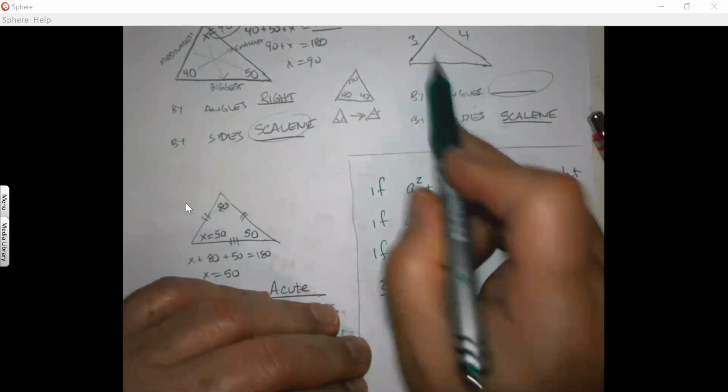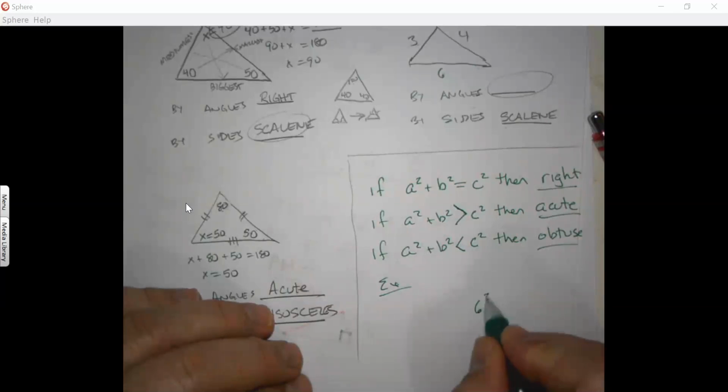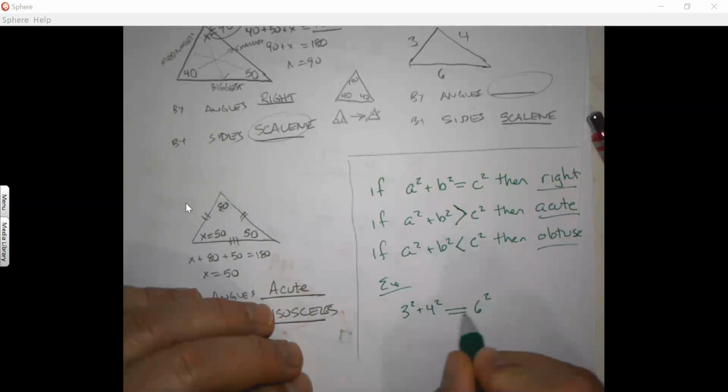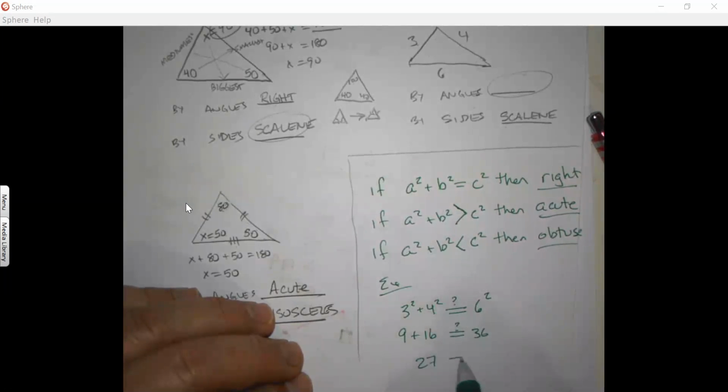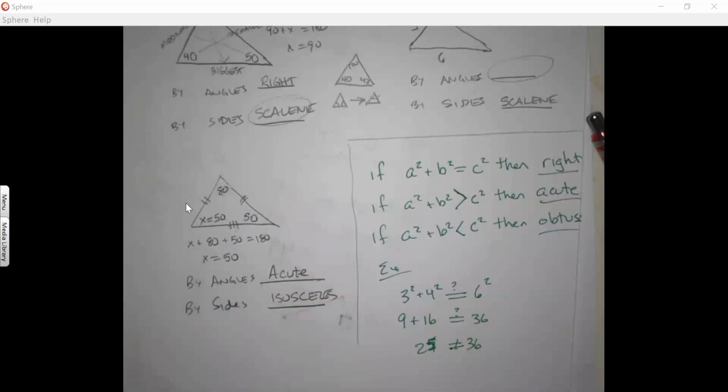So let's try this one, 3, 4, and 6. What's the hypotenuse? It's got to be the 6. So 3 squared plus 4 squared might be equal to 6 squared. 9 plus 16 might be equal to 36. That's 25. 25 is not equal to 36. But then look at the hypotenuse.